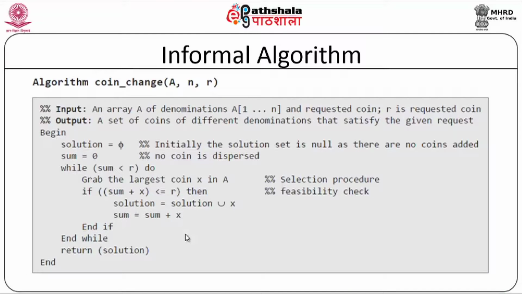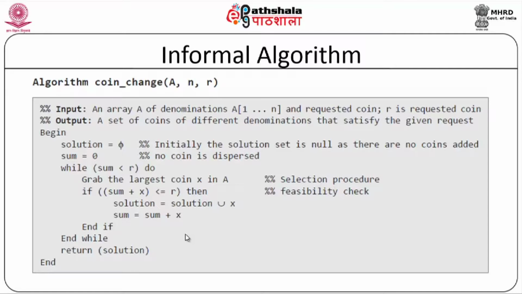So, this is the algorithm now. You can see that we are initializing solution equal to empty, sum equal to 0, because no coin is dispersed. While sum is less than r, where r is nothing but the requested amount, I am grabbing the largest coin x.